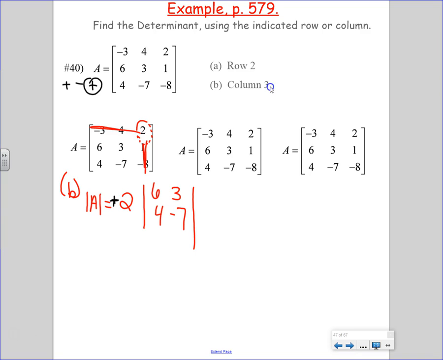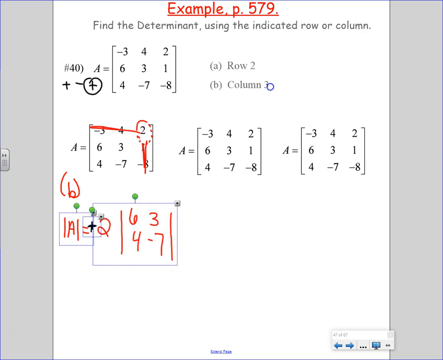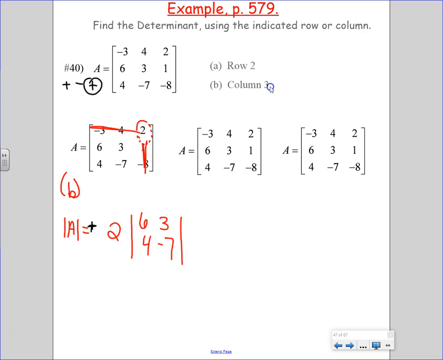Taking the entry times the remaining minor and putting it with the sign that's appropriate to what you're trying to solve. I'm going to go slow.